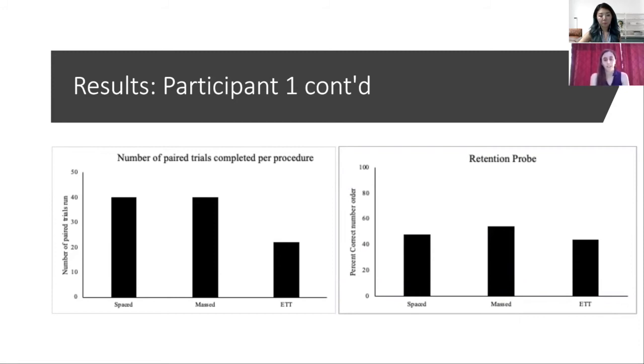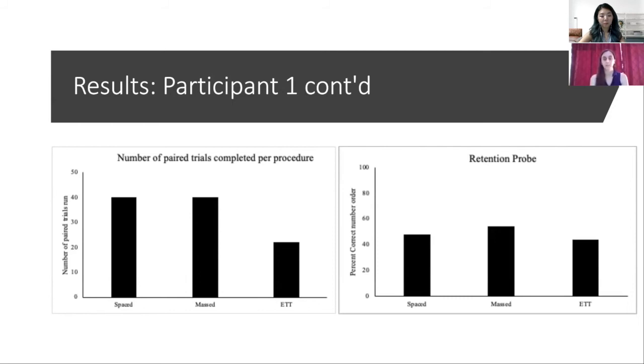However, interestingly, for the retention probe, it's all basically about the same. Expanding time trials is a little less, mass was a little bit more than space. And there's only a 10% difference between recalling in mass and expanding time trials. For this particular data, this participant did not correctly identify the numbers.